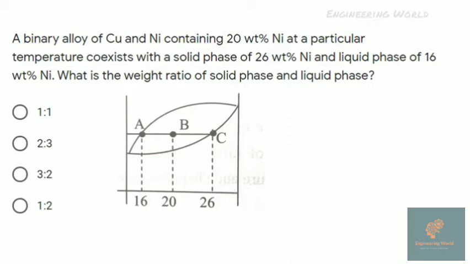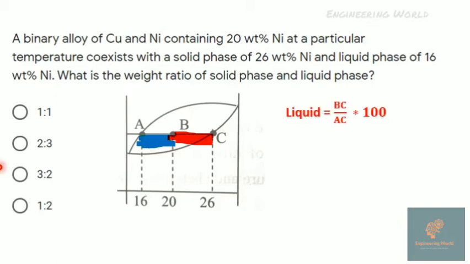Here this is the solid, and this part is the liquid phase of that nickel. So by lever rule, percentage of liquid is equal to BC divided by AC.